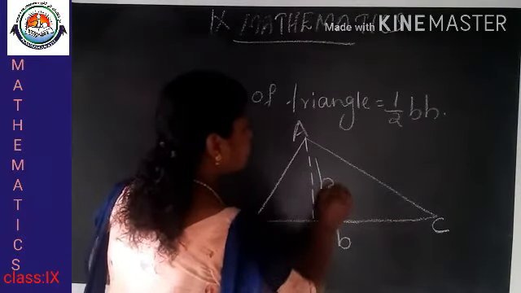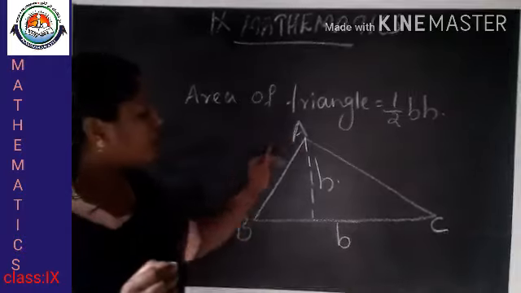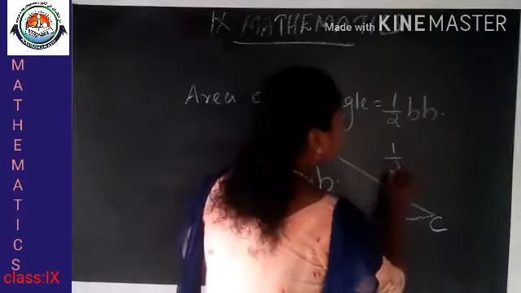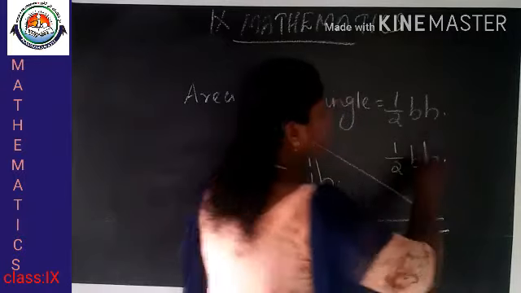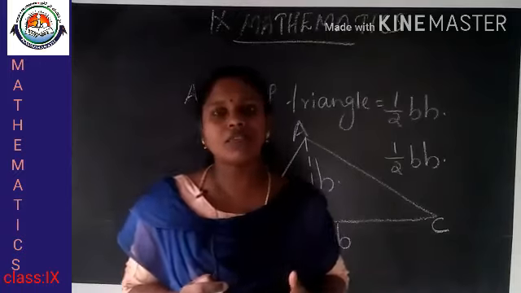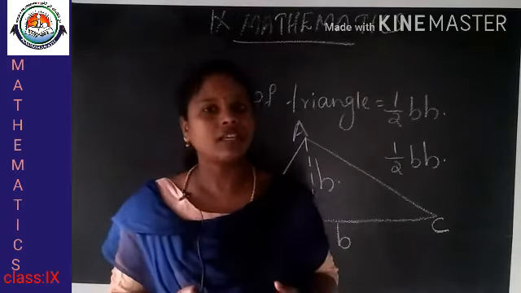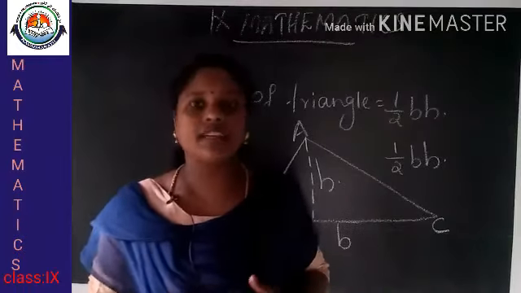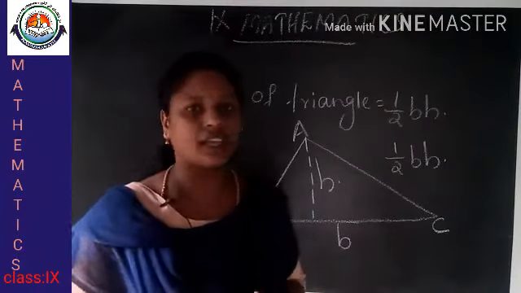It is H. So, the area of this triangle ABC is half BH. Using this formula, we can find the area of different types of triangles. That is, we can find the area of a scalene triangle using this half BH.